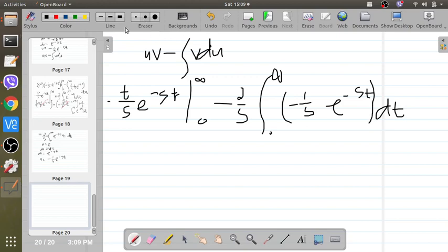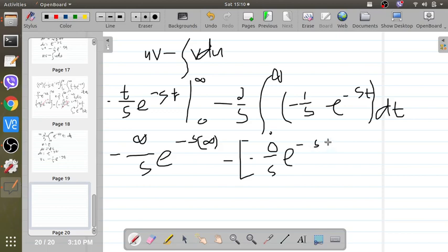So, let's solve it first. Looking at the left side, substitute the value: negative infinity over s, e raised to the power of negative s times infinity, minus negative t, which is 0, over s, e raised to the power of negative s times 0, minus 2s.